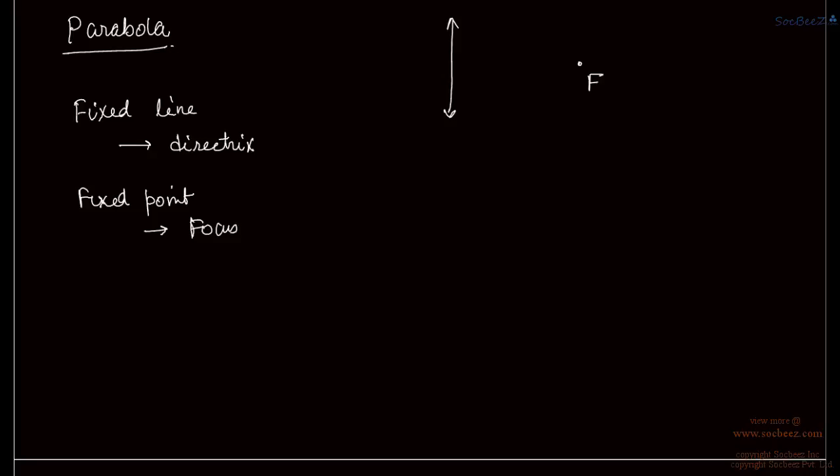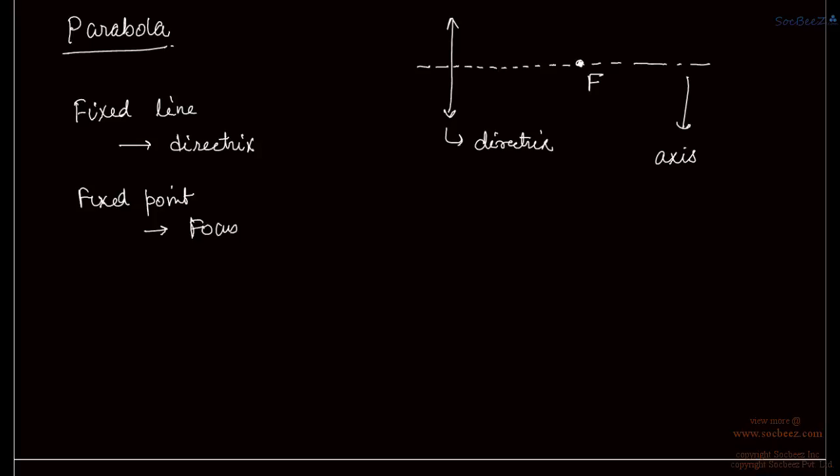So this is a focus, let us denote it by F, and this line is the directrix of the conic section. And if we join this point and the line perpendicularly, then this line is called the axis. Okay, so we have defined three terms: focus, directrix, and axis.